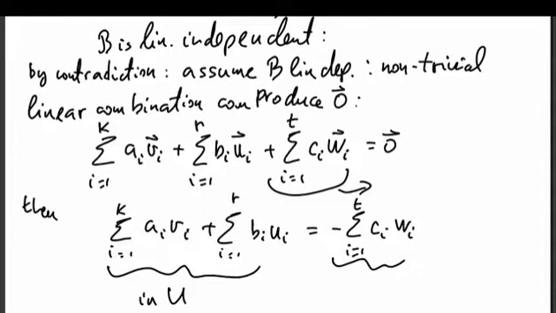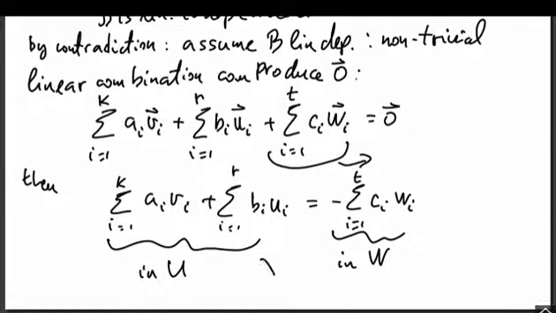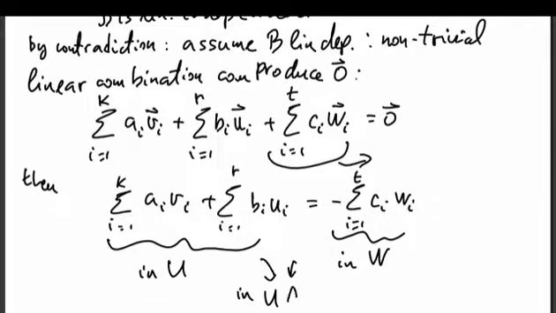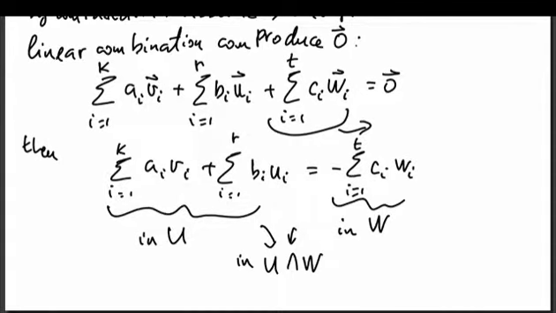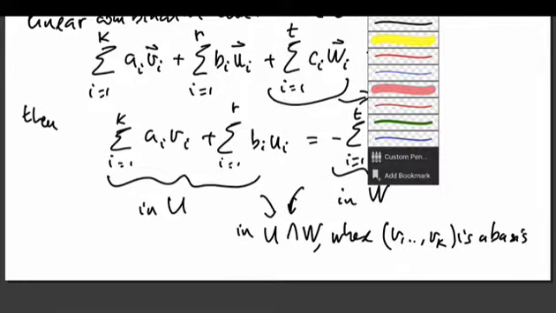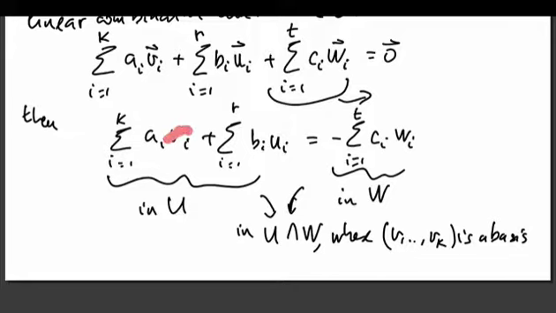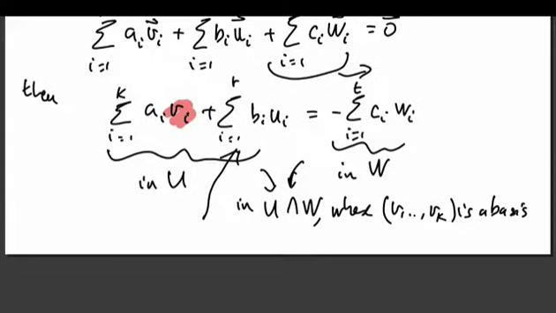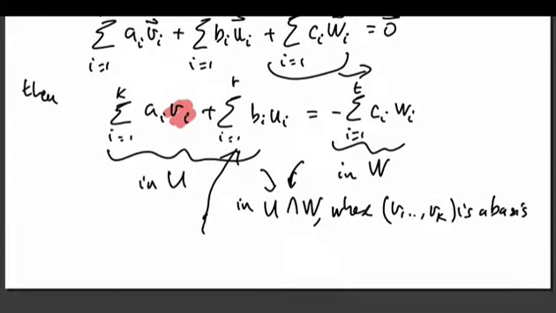This is in the W subspace. So if they are equal, that means that they are both in U intersection W. But we have that in the intersection, the V's form a basis. That's how we started. And here are the V's. That means we shouldn't have any additional ui vectors. The V vectors should be enough.